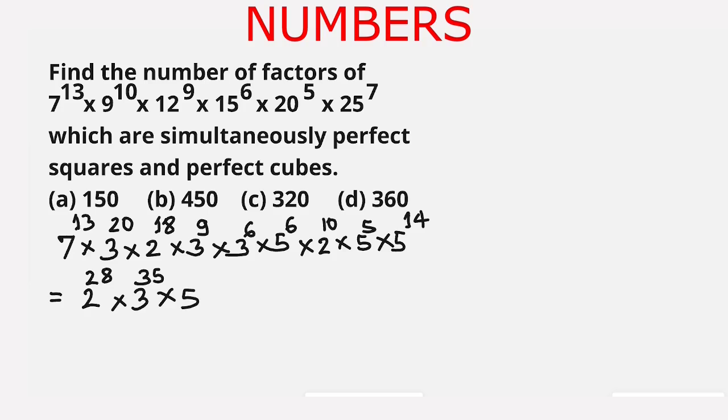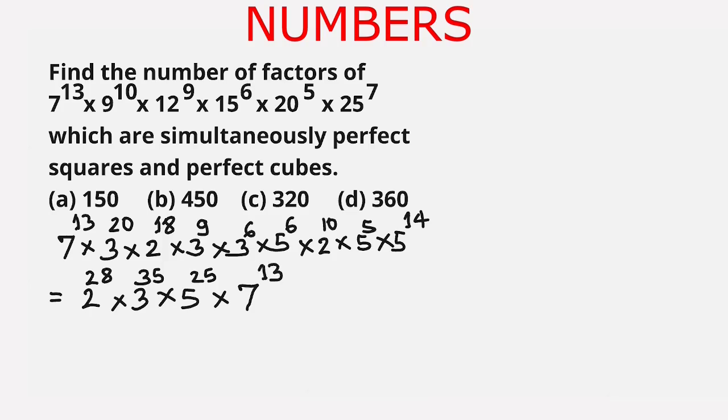Now we will count the powers. 5 to the power 6 multiplied by 5 to the power 5 multiplied by 5 to the power 14. So we add the powers. 6 plus 5 is 11 plus 14 is 25. So it will be 5 to the power 25 multiplied by 7 and 7 to the power 13.